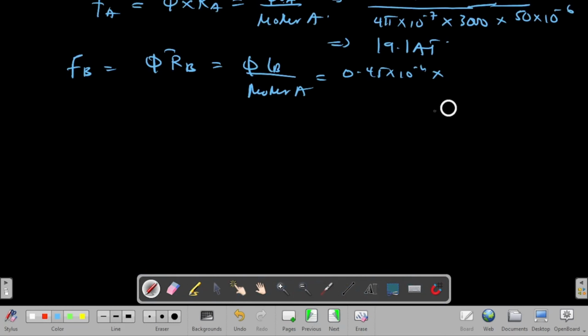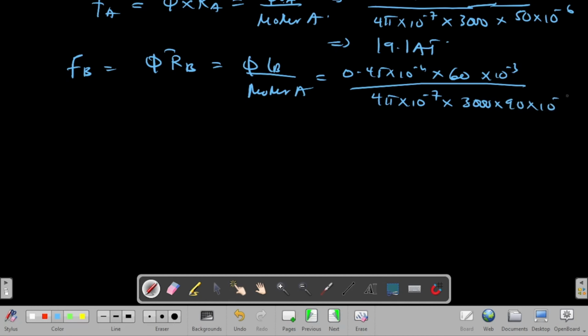So 60 times 10 to the power negative 3 over 4 pi times 10 to the power negative 7 times 3000 times 90 times 10 to the power negative 6. And this gives us our simple answer to be 7.9680.